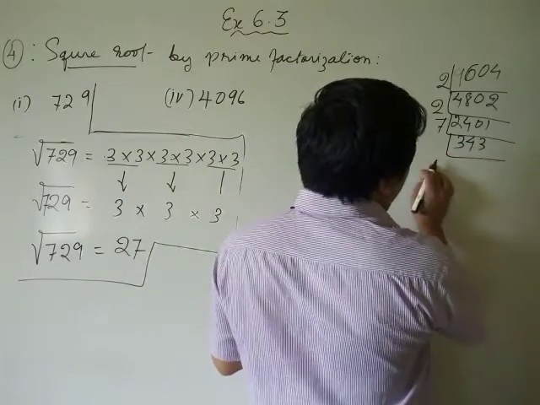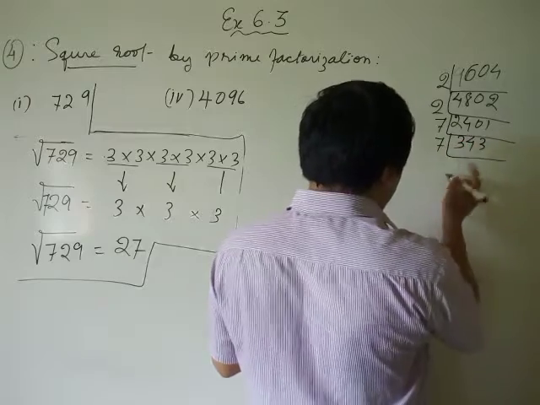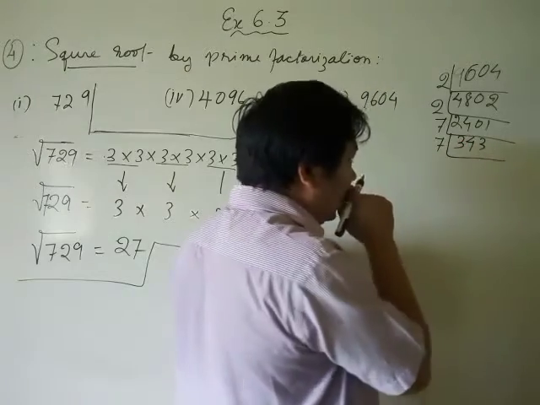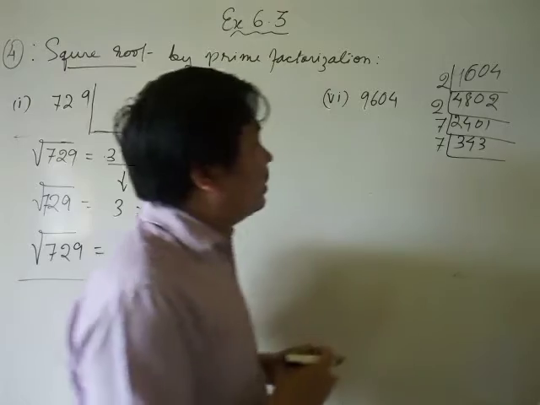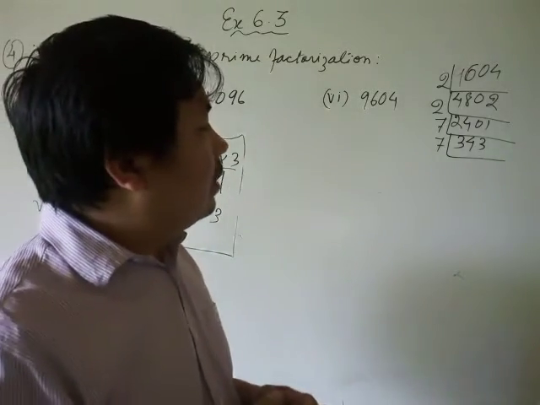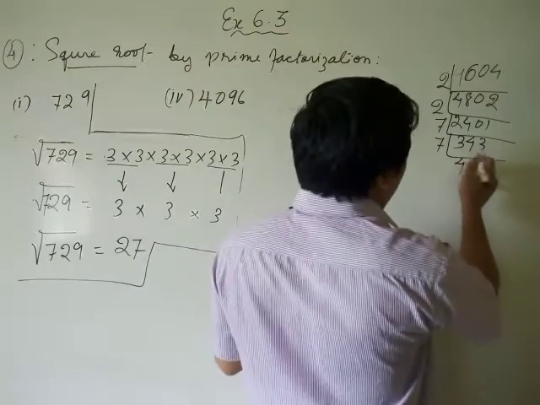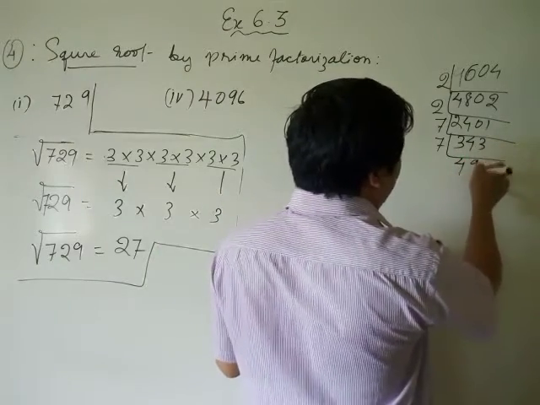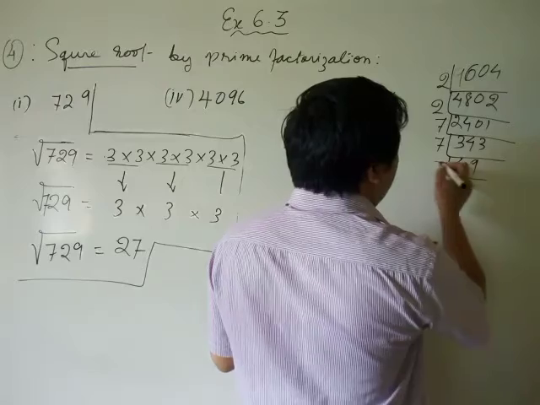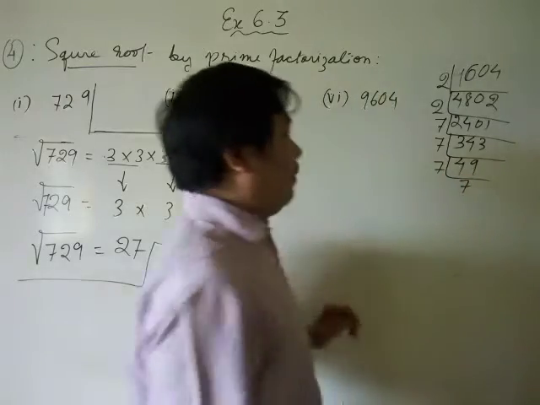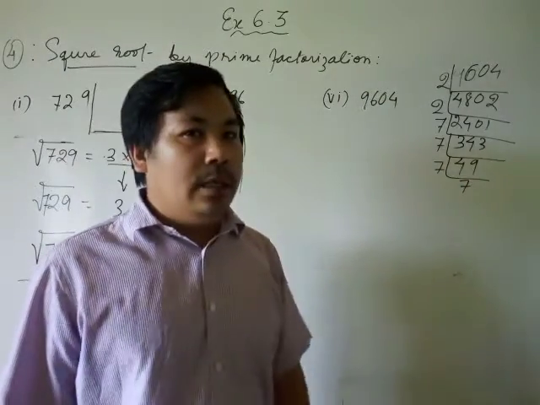Then again, let us see whether it can be divided by 7 or not. Yes, 7 4s are 28, and 7 7s are 49. So these are the prime factors of the number given here.